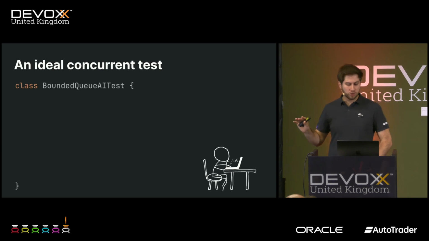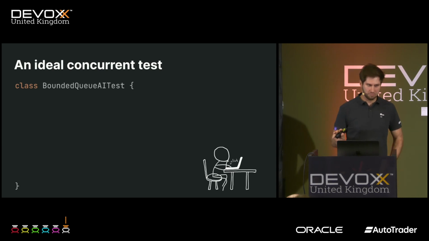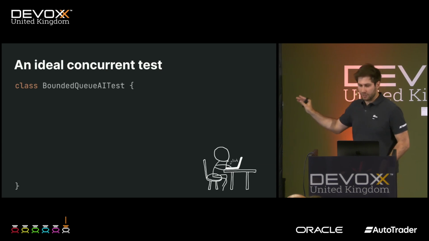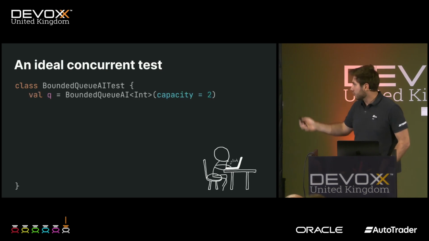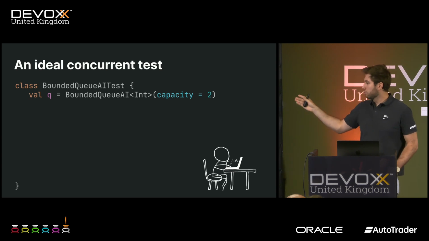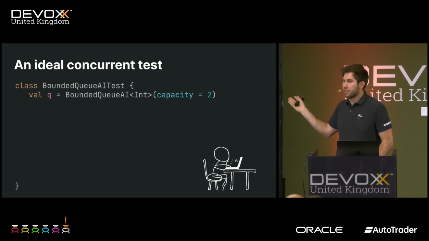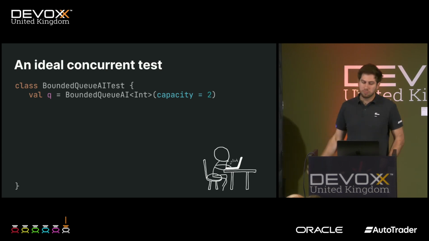And let's try to come up with an ideal test. That's how I want this test to be. So, I have a test class, then I say, I want to test my bounded queue implementation. Let's just say with capacity equals 2.